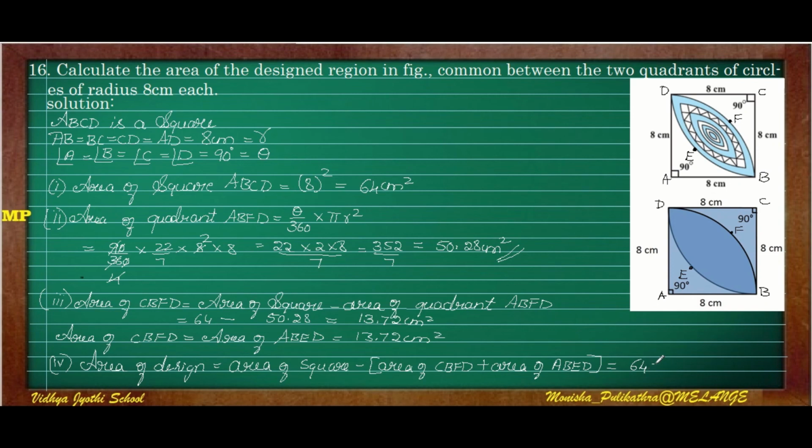So it is 64 minus 13.72 plus 13.72. So we will get 64 minus 27.44, which is equal to 36.56 centimeter square, the area of the design.